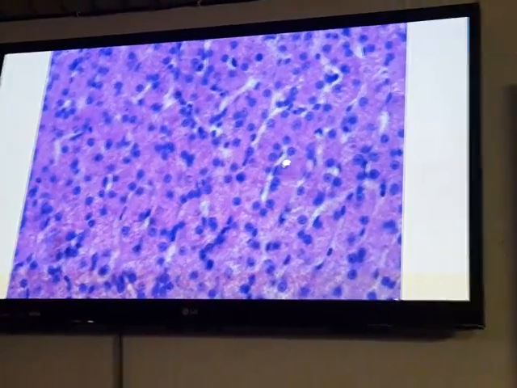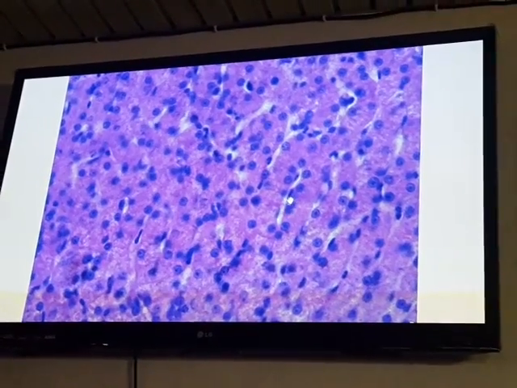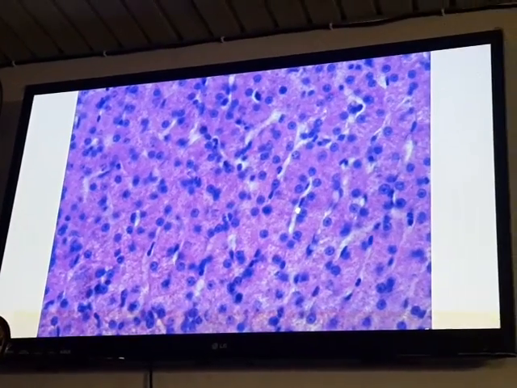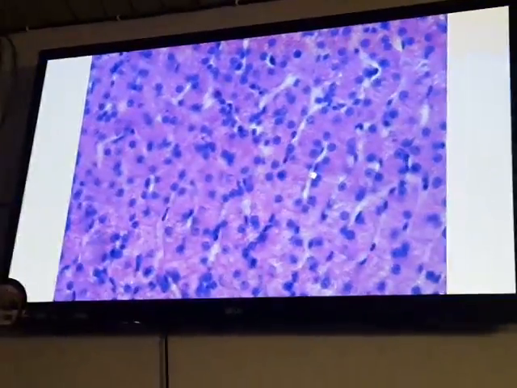Sinusoidal capillaries composed of discontinuous fenestrated endothelial cells. At the tip of the pointer, we can see nucleus of endothelial cells.